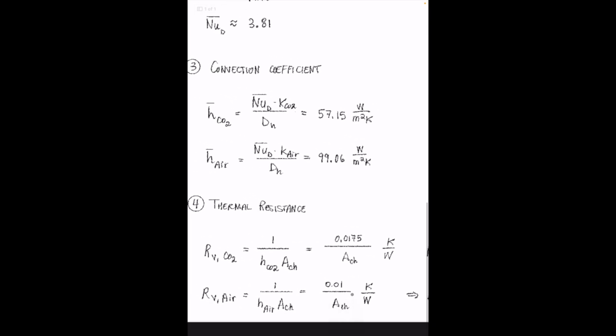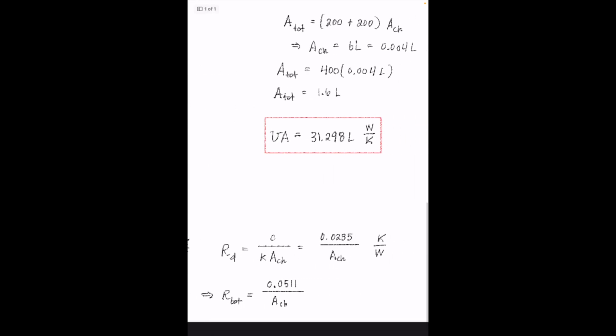First of all, we have the resistance to convection from our fluid to the wall of both the CO2 channel and the air channels. That's just defined as 1 over the convection coefficient times our channel cross-sectional area for both CO2 and air, and that results in a value of 0.0175 divided by our channel area, Kelvin per watt for the CO2 channel, and 0.01 over our channel area, Kelvin per watt for the air channel.